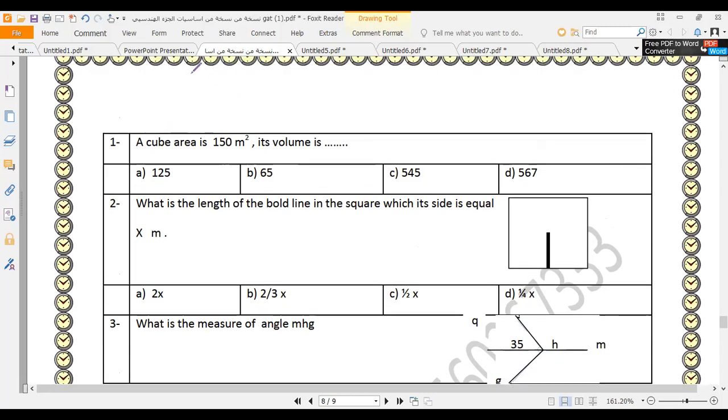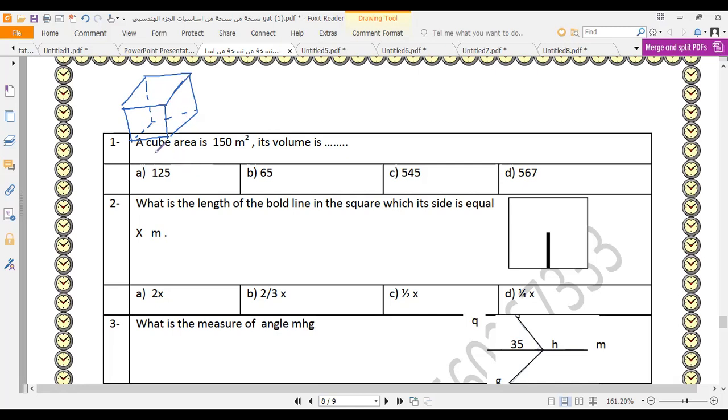A cube is an object that has six equal sides, and all sides are squares. So it has 6 squares, 2 on the top and the bottom, and the lateral sides are 4, and all edges are equal in length.